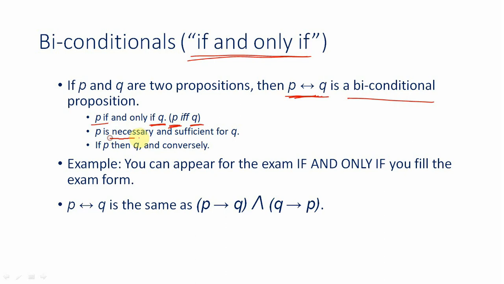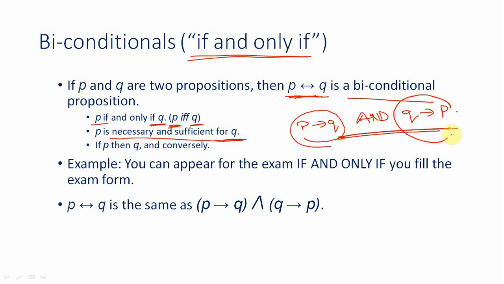P is called the necessary and sufficient condition for Q. What it means is if P then Q, that means P implies Q, and vice versa, that means Q implies P, right? This is what is meant by biconditional. It means P implies Q and Q implies P.